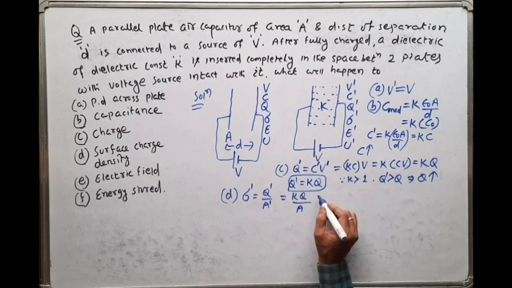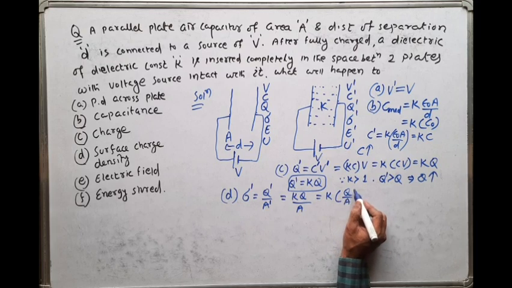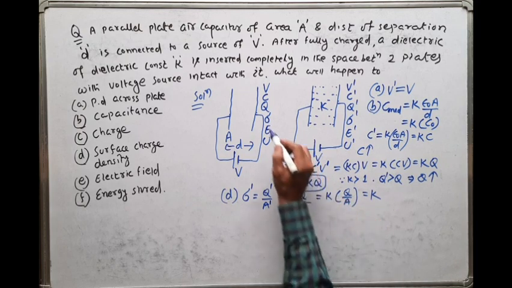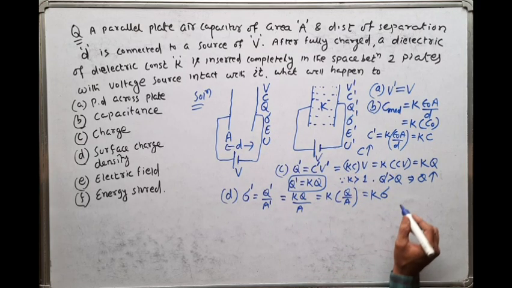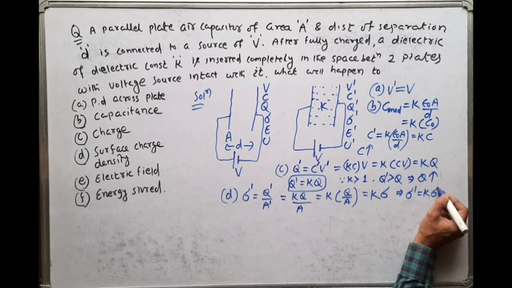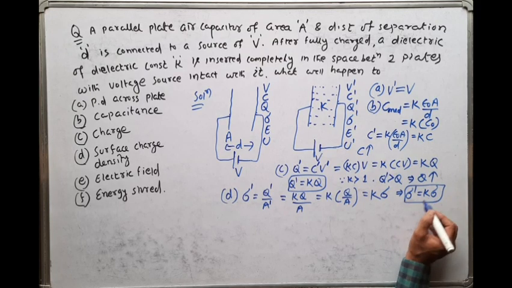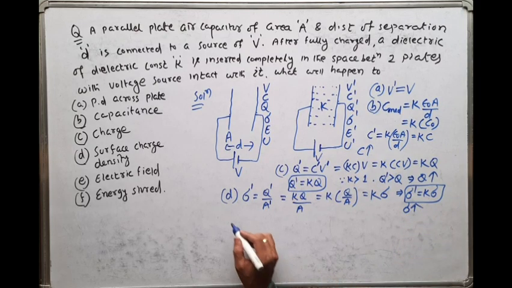So that is equal to K into Q by area. Charge per area is the surface charge density. What was the initial surface charge density? Sigma. So sigma dash is equal to K times sigma. Since K is greater than 1, surface charge density increases.